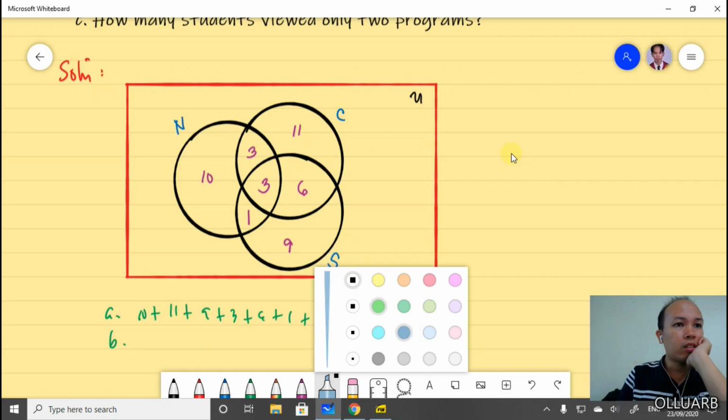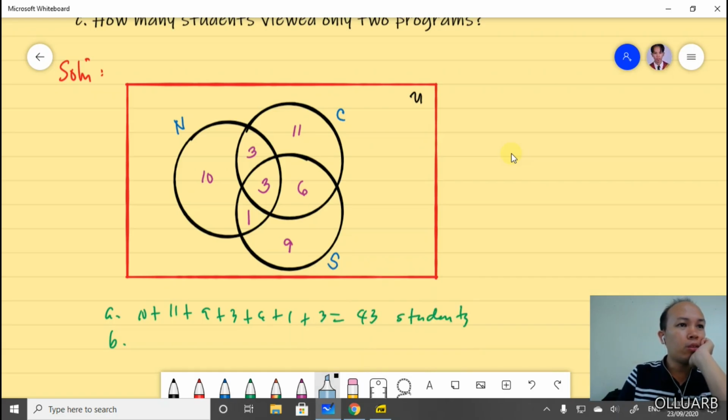Let's do only one program. So notice that these numbers here are those students that watch only one program. Okay, so you have to add that one.